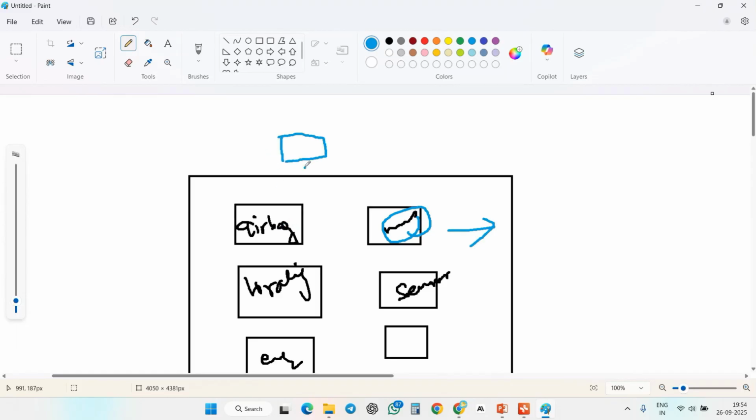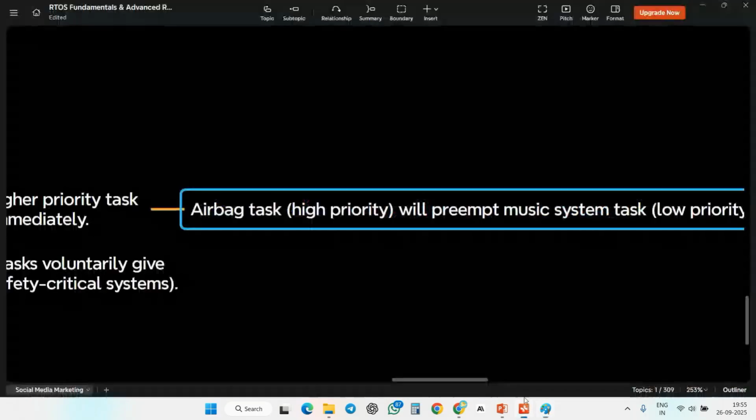Whenever the car is about to be hit, instead of playing music, it should give high priority to opening the airbags. It automatically opens at 2 milliseconds. So it automatically prioritizes the task. That is called preemptive scheduling.